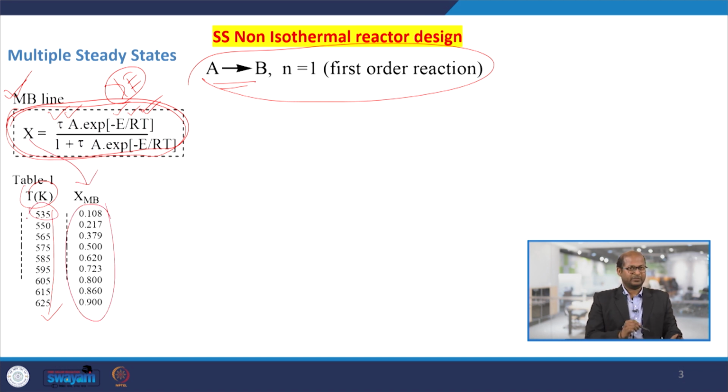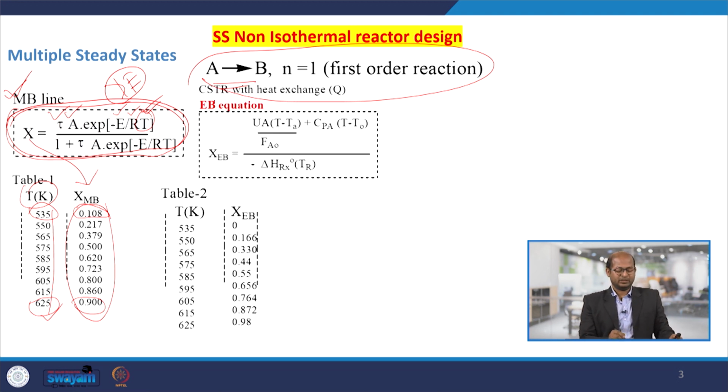When 535 was the reactor temperature, the corresponding conversion is this. When the reactor temperature is this, the conversion is this. We discussed this in our last class too. Similarly, for the energy balance equation, if all components are known except the temperature, and we vary the temperature, first we said 535, then X would be 0, since T0 is 535.